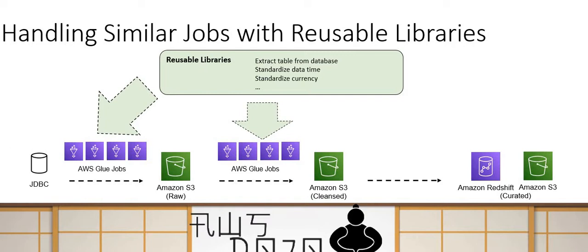So how do we create such a reusable library with a glue job, and how do we make use of it? I'm going to give an example with Python and PySpark, because that's a language I'm very used to, but similar things you can do with other supported programming languages as well.